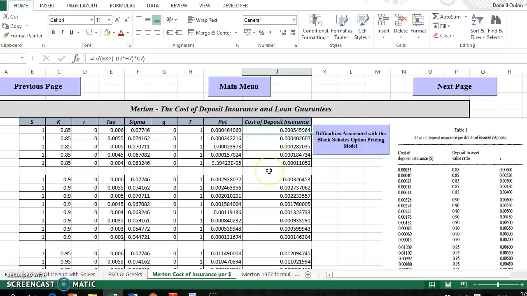Now to get the cost of deposit insurance, I get the put option, and I divide it by e to the power of the risk-free rate times the time frame multiplied by the exercise price, and that will give me the value of guarantee here.